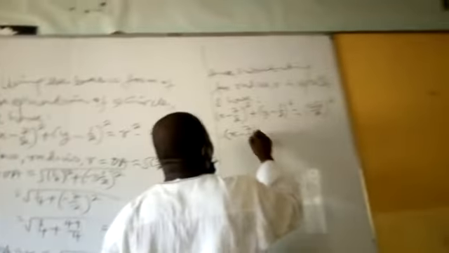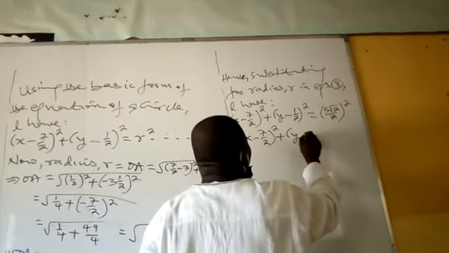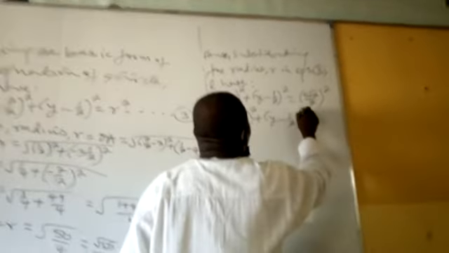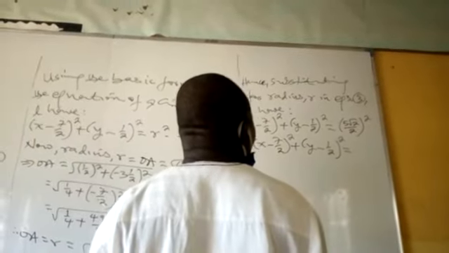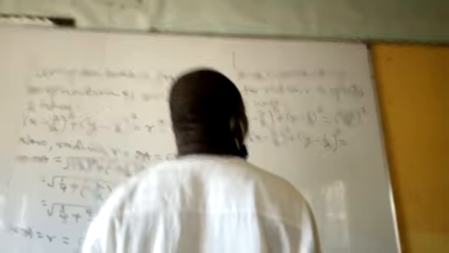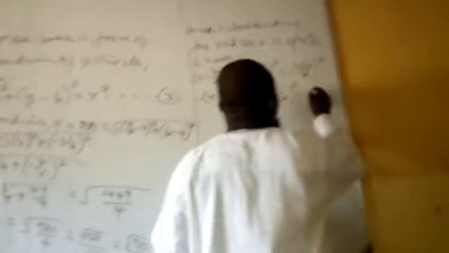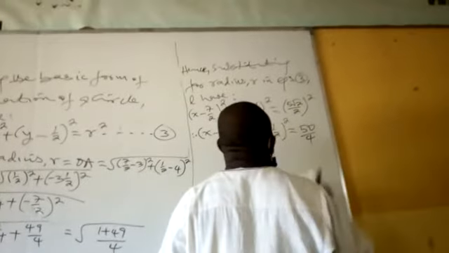That is, x minus 7 over 2 square plus y minus half square is equal to 5 square, which is 25, times 2, 50 over 4.